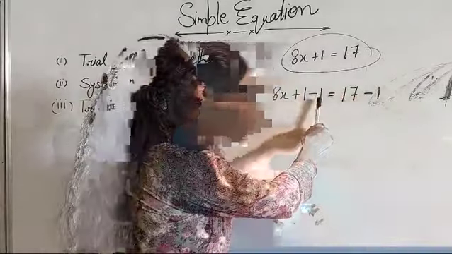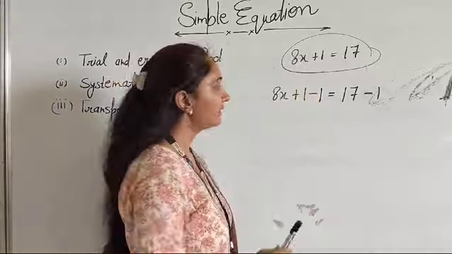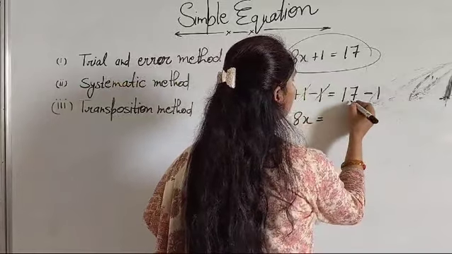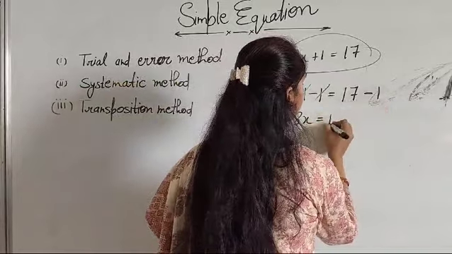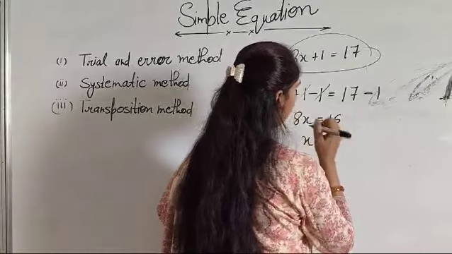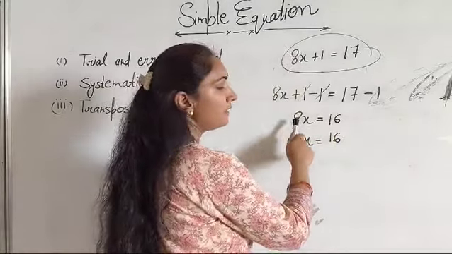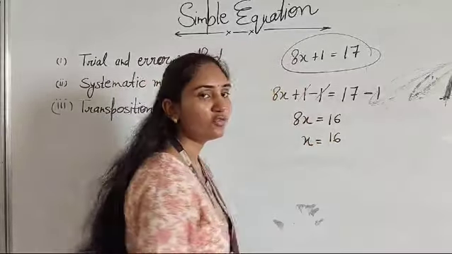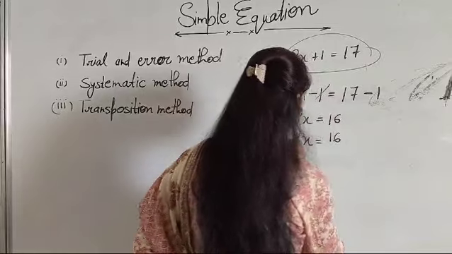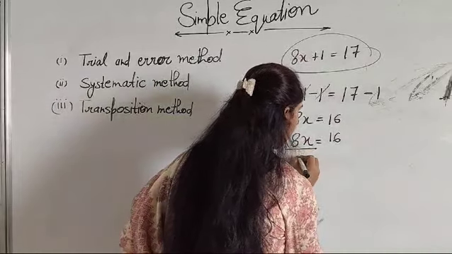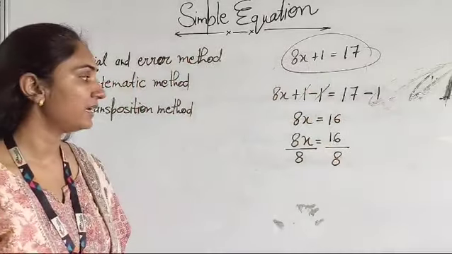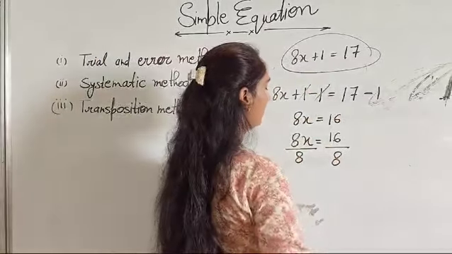So 1 minus 1, they are cancelled. 8x is equal to 17 minus 1, 16. 8x is equal to 16. Here 8 is in multiplication with x. So if we remove 8, we have to divide both sides by 8.